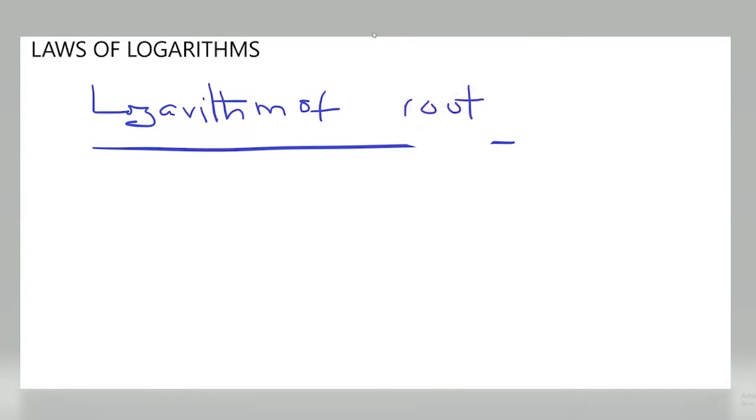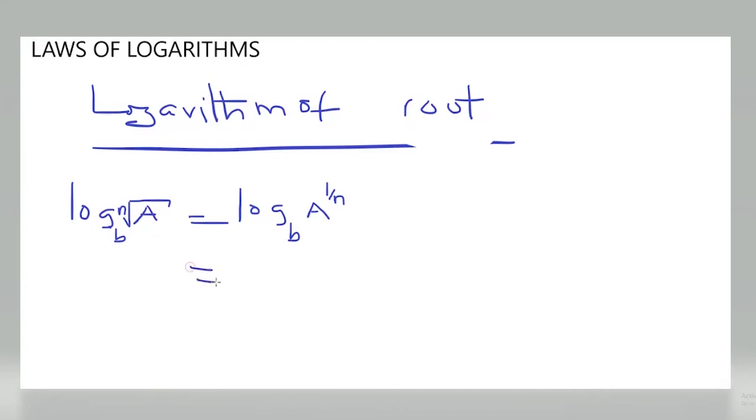Now the general formula says if you have a logarithm of a number a, and you have the nth root, to base b, this can be expressed as logarithm of a power 1 over n, to base b.